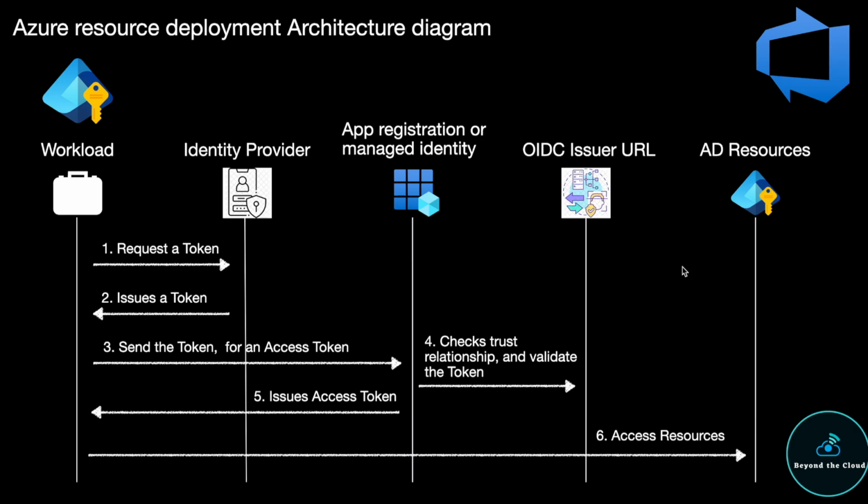One is the application registration in the Azure portal, and the second is the service connection in the DevOps portal. So, first of all, let's go to portal.azure.com and create the application registration.